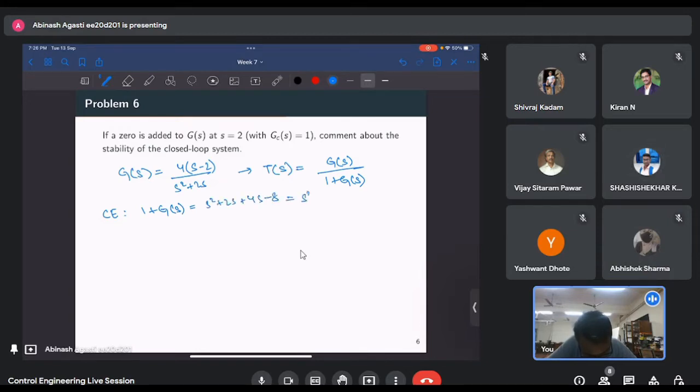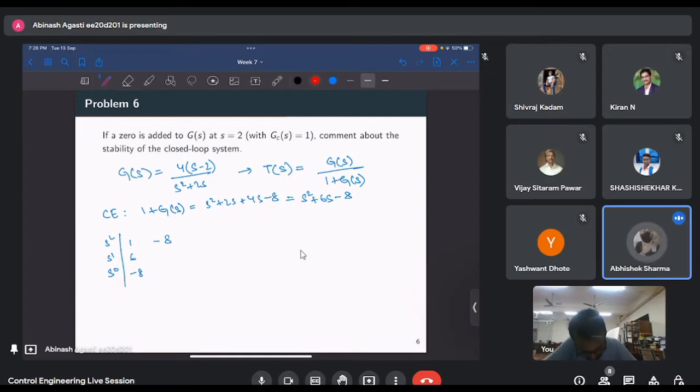So this is s square plus 6s minus 8. So let's apply Routh-Hurwitz: s square, s1, s0, so 1, 6, minus 8. Now what should the value here be? Minus 8. So here we see that there is 1 sign change. This implies 1 right half plane pole.